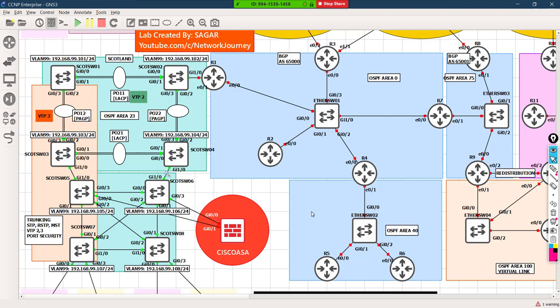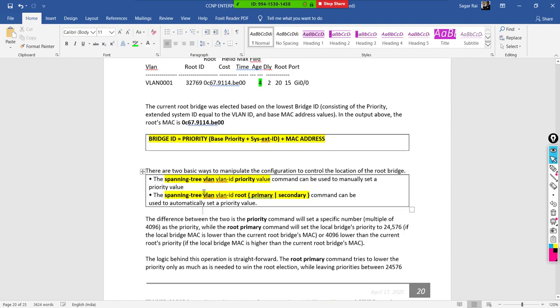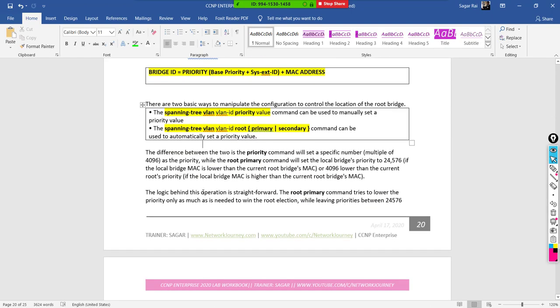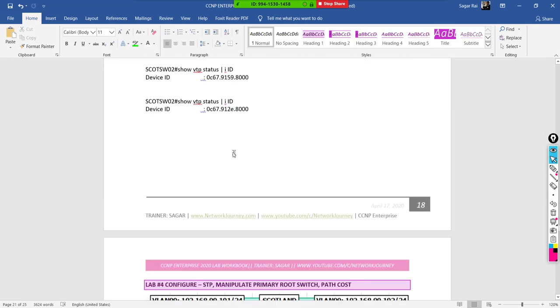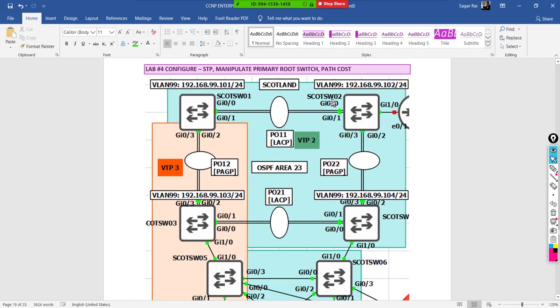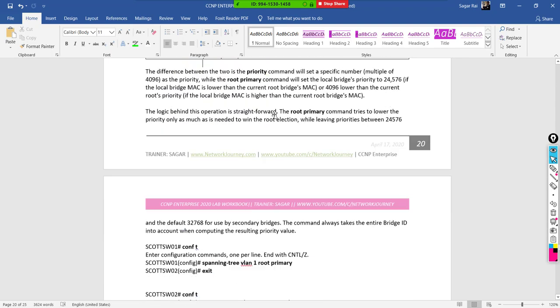The chances are you might get the same behavior, since we just replicated the lab. Otherwise, just be aware that the root bridge is elected on the basis of the MAC address. Now I have to change the behavior. Let's say I want my switch number 1 and switch number 2 to be the root bridge.